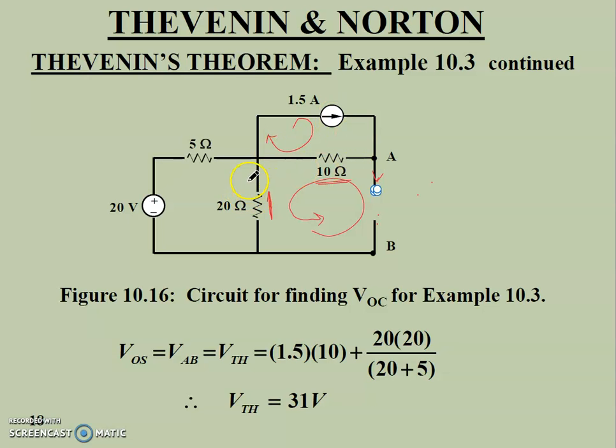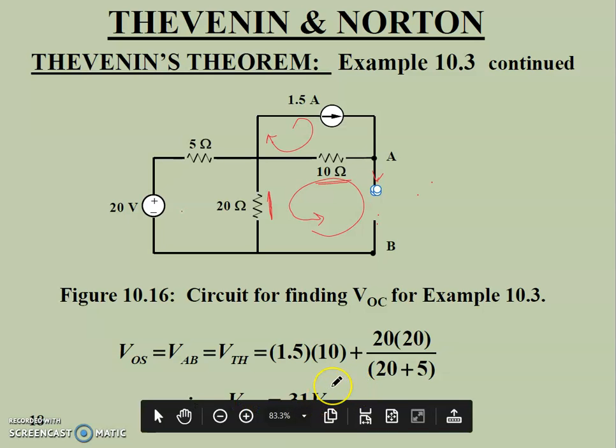You can apply the voltage division rule here, and by doing so you can calculate the voltage drop across the 10 ohm and 20 ohm resistors, which comes to 31 volt.